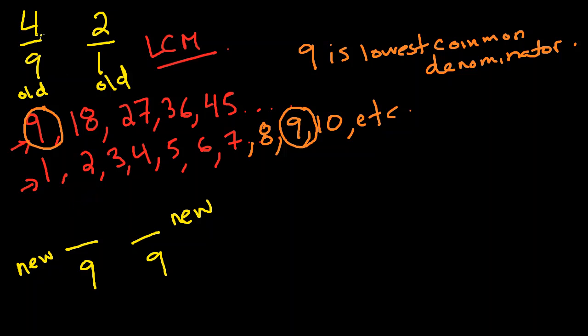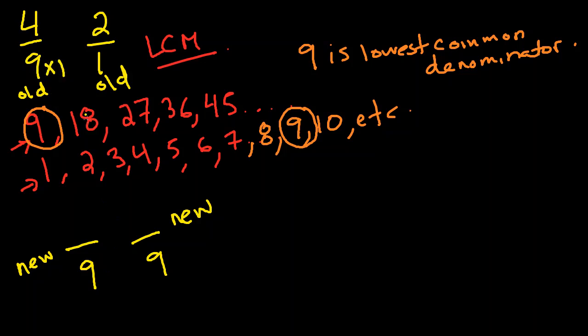We just have to multiply the numerator from our old fraction by a specific number. So how do we find that number? Well, what did we multiply the denominator in the old fraction by to get the denominator in the new fraction? How do you go from 9 to 9? Well, we have to multiply 9 by 1, right?